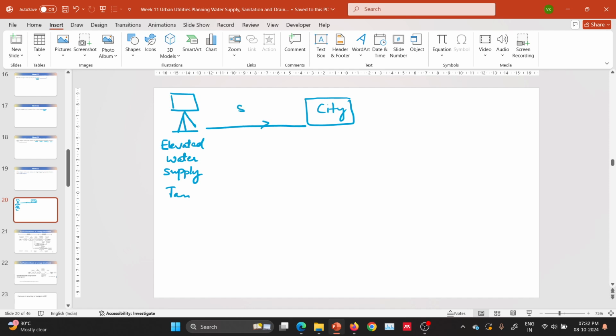I'm being more specific here. The water is getting supplied through water pipes or pipelines, and then the city is producing wastewater.